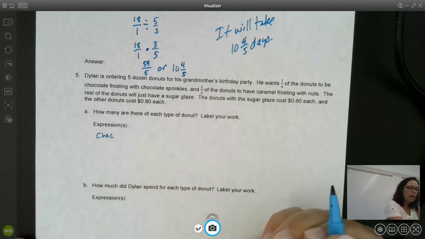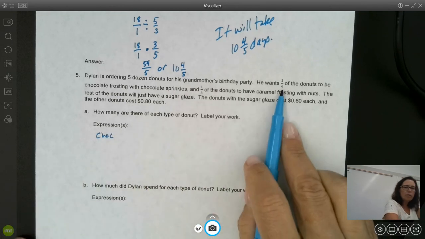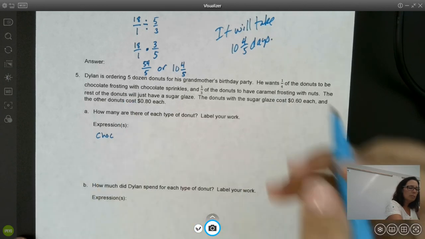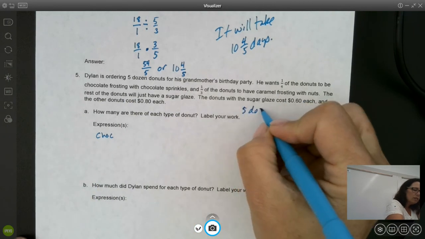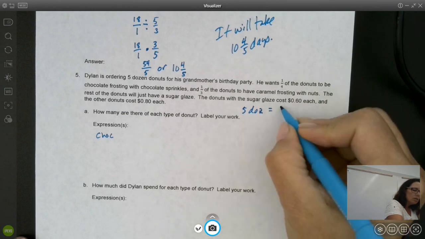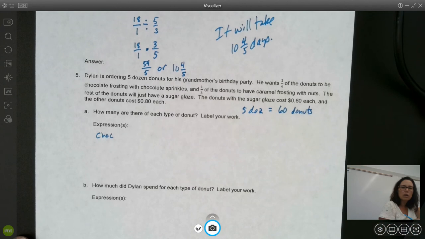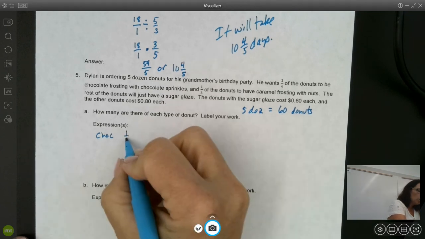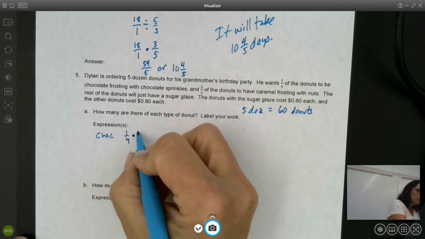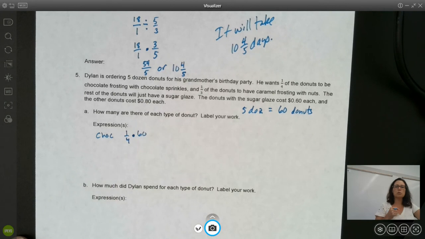So let's look at chocolate. We need to find 1/4 of 5 dozen. Let me make a note here, 5 dozen equals 60 donuts. There are 12 per dozen, so 12 times 5 gets us the 60. So we need to do a quarter of 60. Now that dot is multiplication.